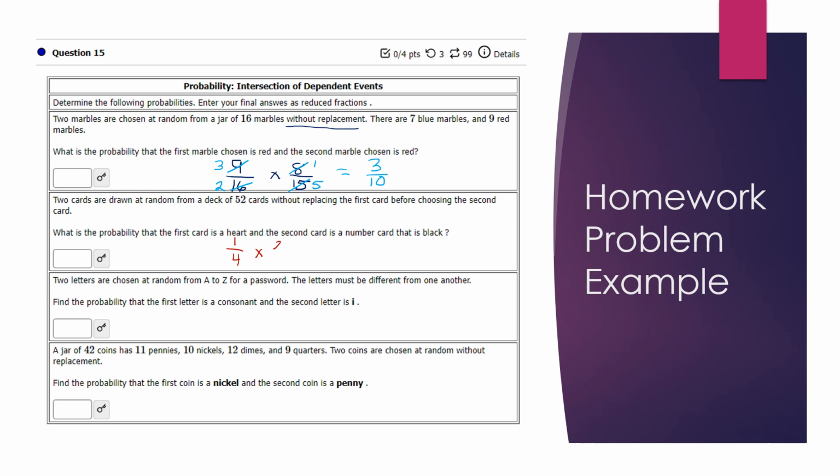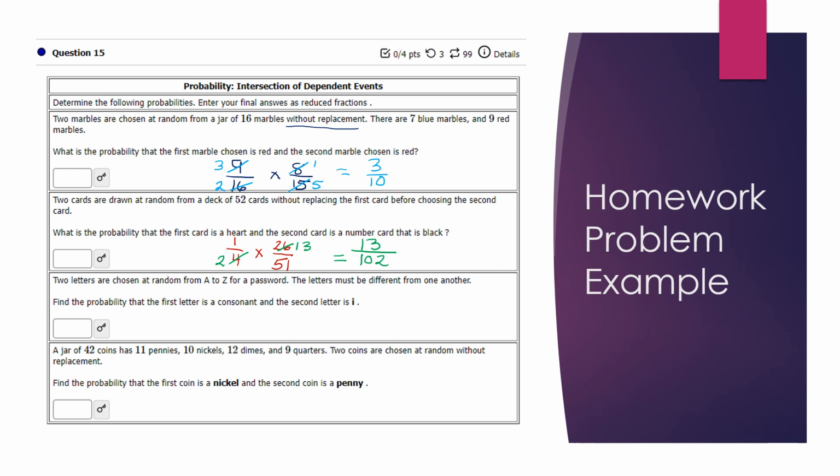Well, we have 26 black cards, but we've taken 1, so we only have 51 left. And now I'm going to go ahead and simplify those, because 4 is an even number, so I'm going to go ahead and cut that in half and cut this one in half, which gives me 13 out of 102.